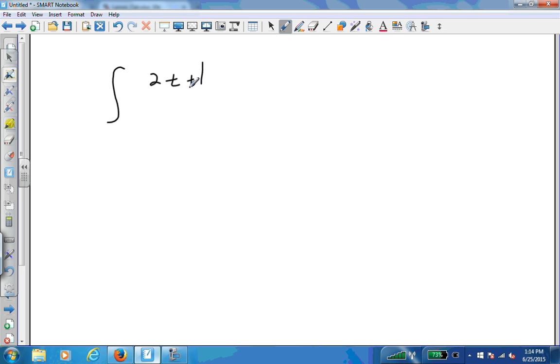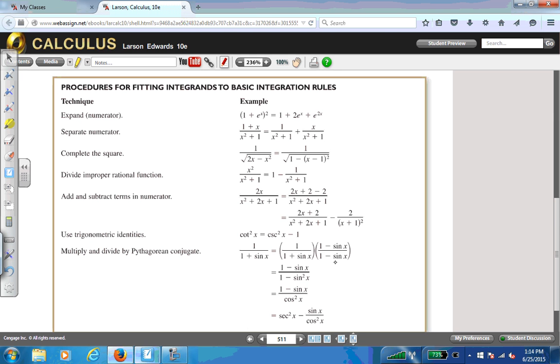So let's just go through a variety and look to see, okay, what are some things we can look for? They give us a list on page 511 of various techniques that we can use to make integration formulas fit if they don't immediately fit.